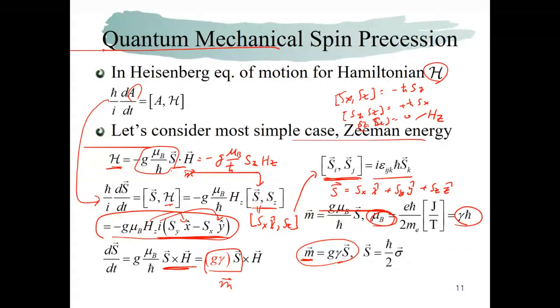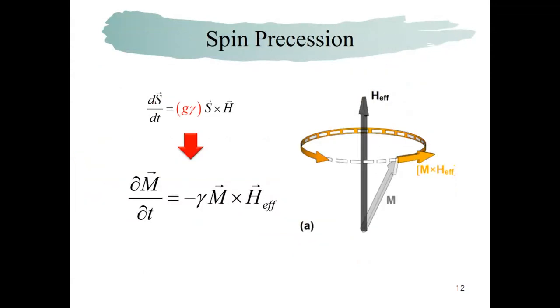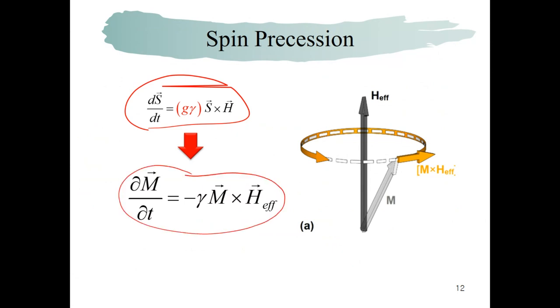From this relation, this is actually the same form as this one. So this precession motion is not only for the moment based on the orbital angular momentum, but it's also applicable to the spin angular momentum.